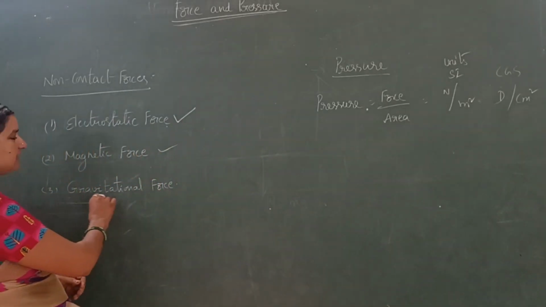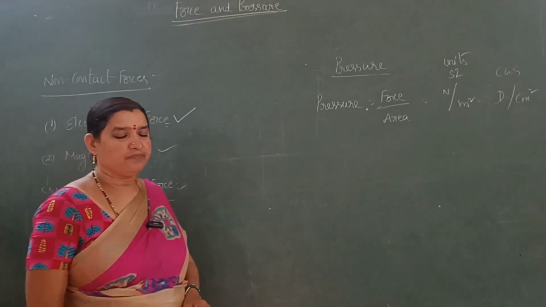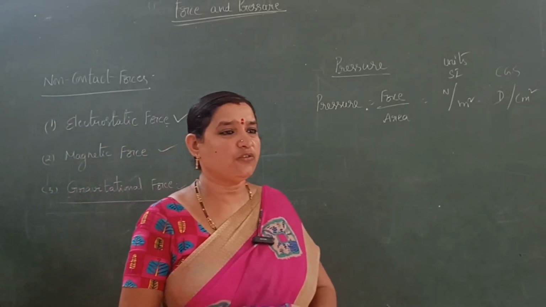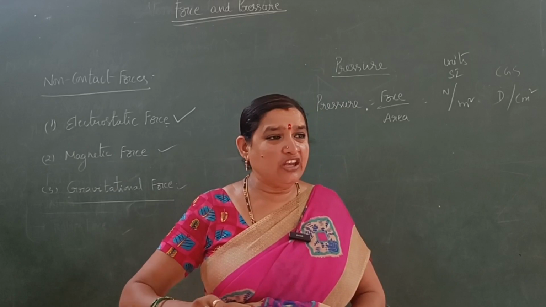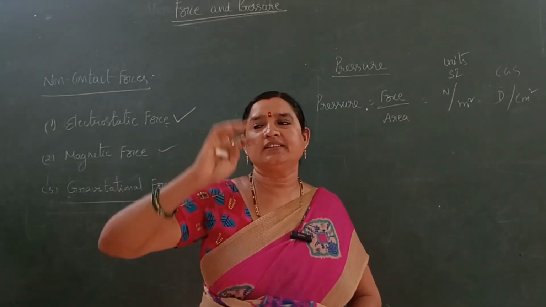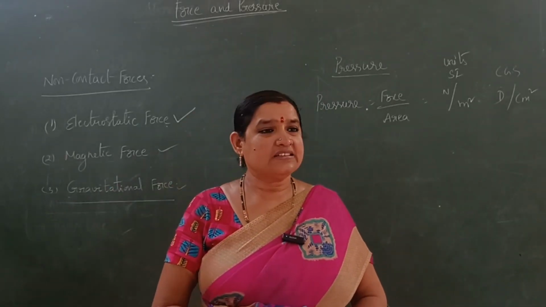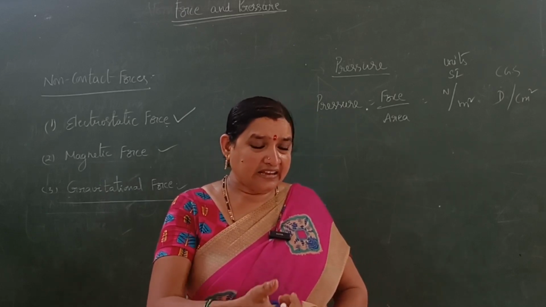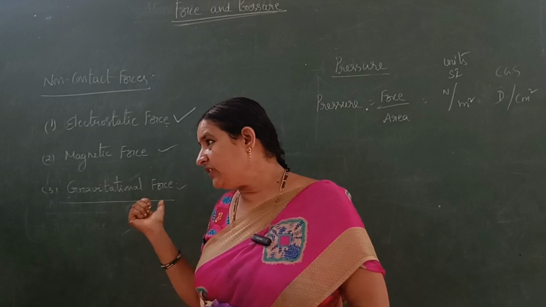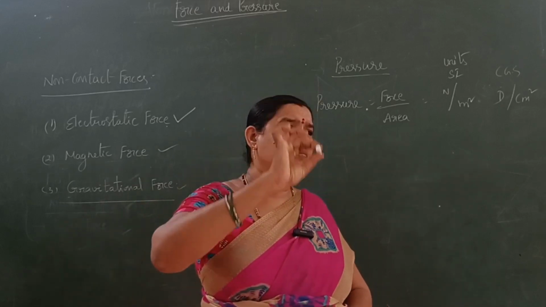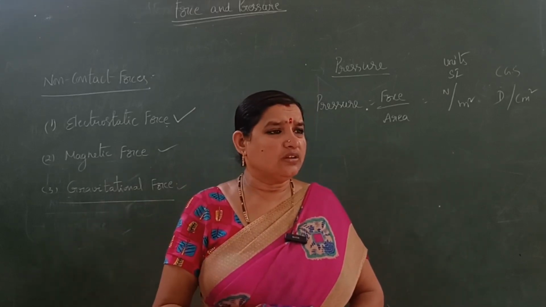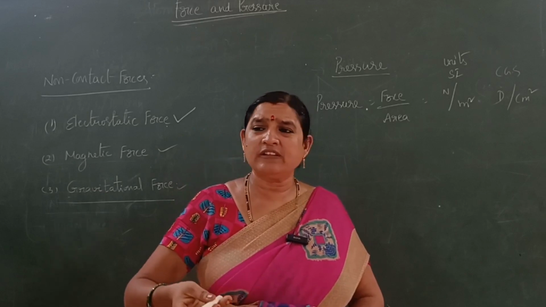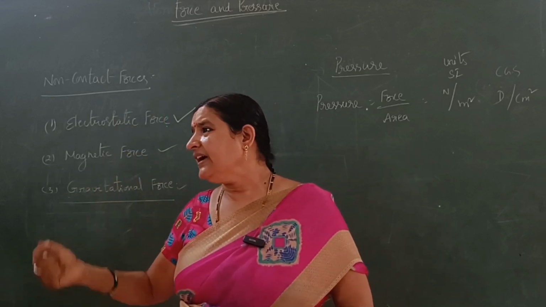The other one is gravitational force. The earth attracts any object on the earth's surface. The earth's attraction power is called gravitational force. If you throw any object from the earth's surface, after some time it again reaches the earth's surface.